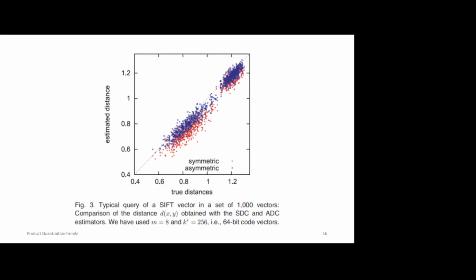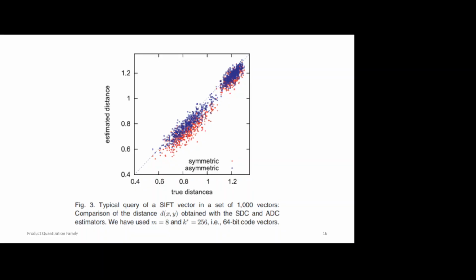If they are accurate, the distances should be aligned along the diagonal. So if the distance is 0.6 and the estimated distance is also 0.6, the point will be along the diagonal.